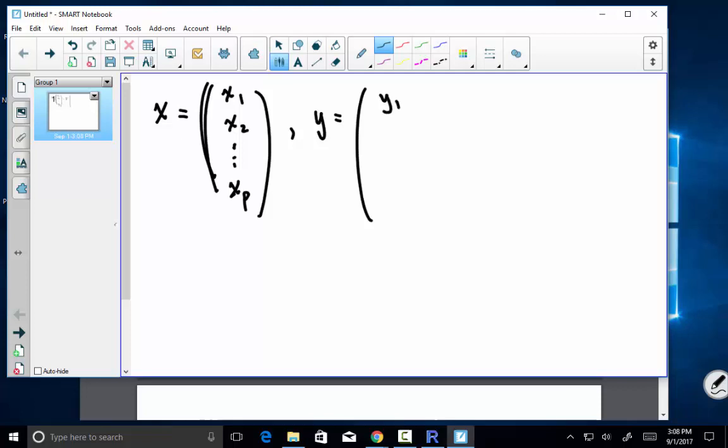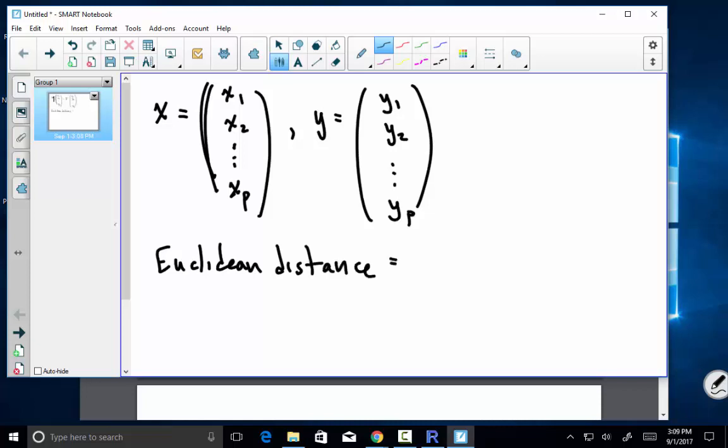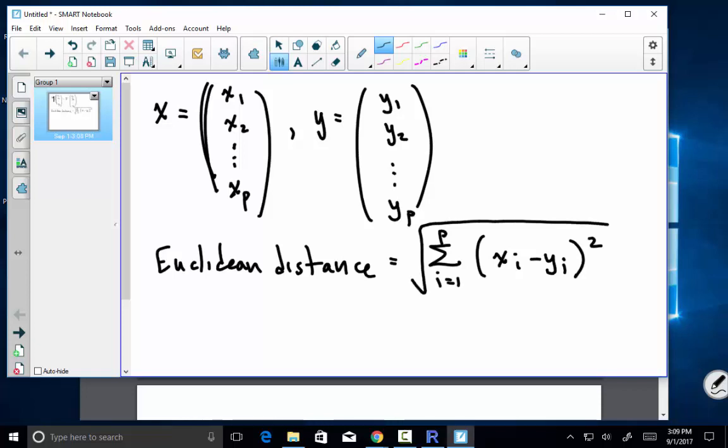I have 1, 2, up to p variables in the y vector as well. Then the Euclidean distance looks like the sum, i equal 1 to p, of (xi minus yi) squared, and then take the square root. That's the usual way of writing a distance between two vectors.